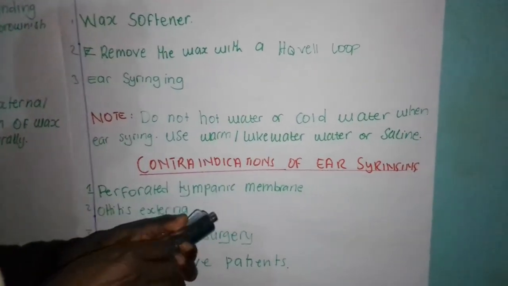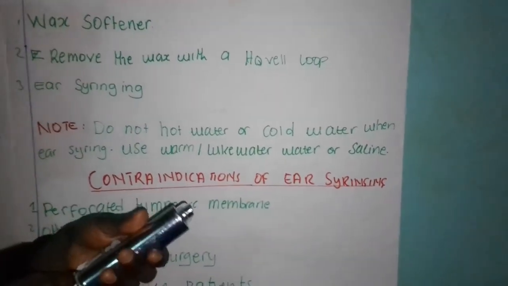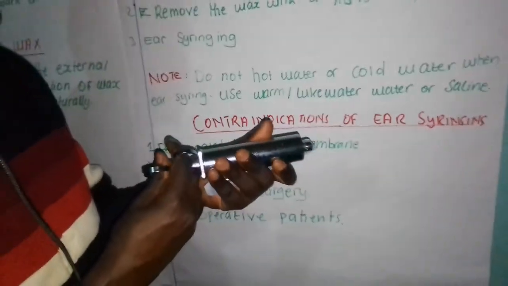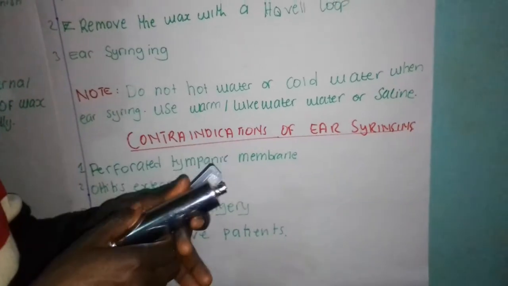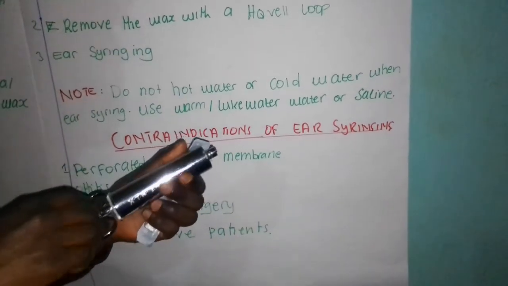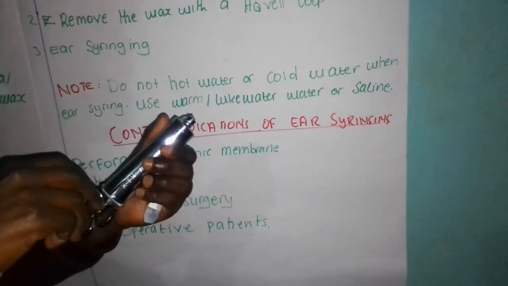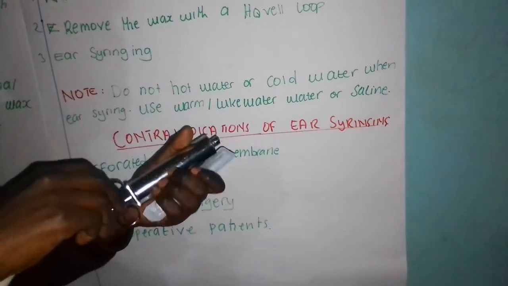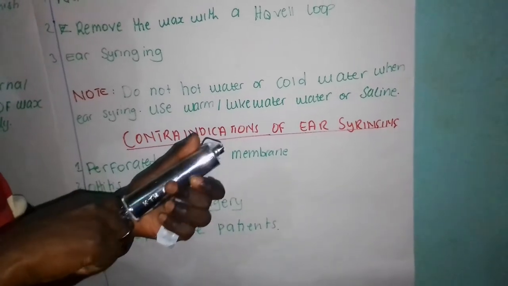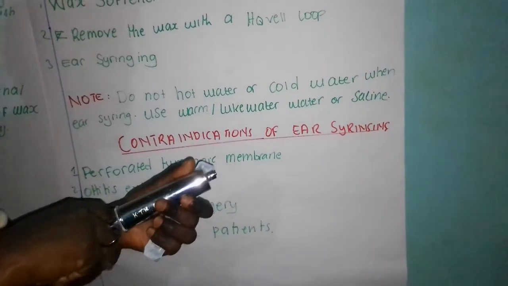When you are doing ear syringing, remember, you need to be gentle and there shouldn't be any pain, and you should be hitting the roof of the external auditory canal or the sides, not directly on the tympanic membrane.